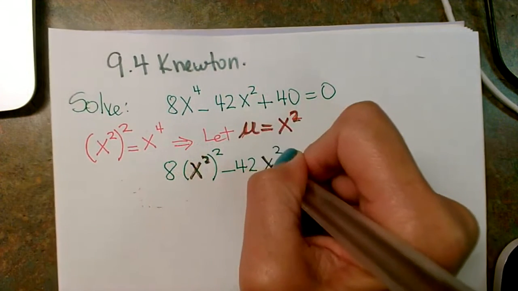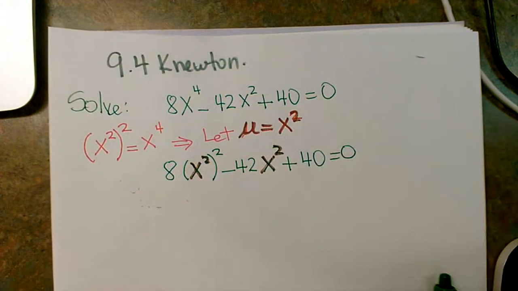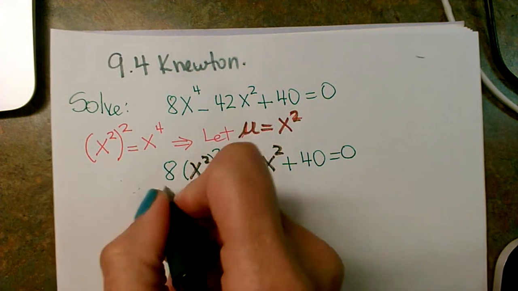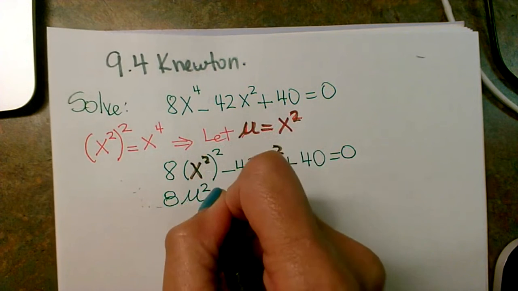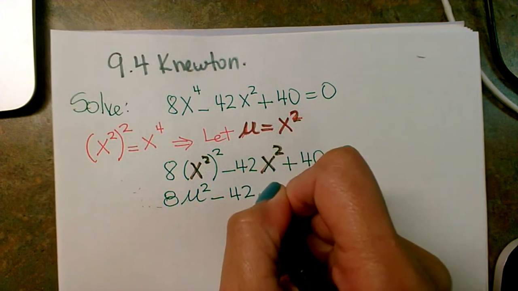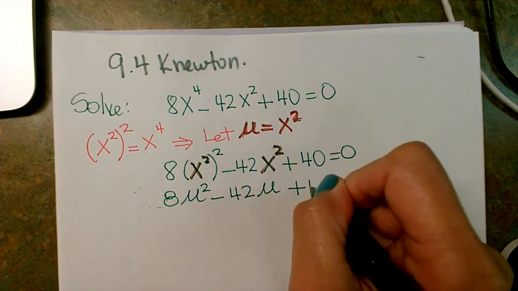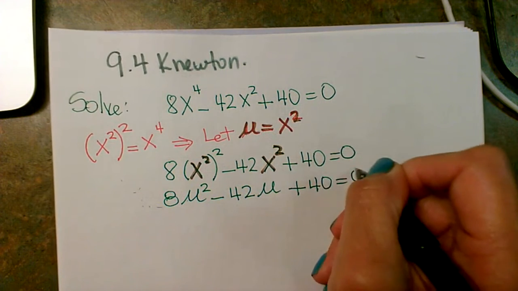Here's my x squared, here's my x squared, okay? So 8u, I need to keep the square there, 42u plus 40.